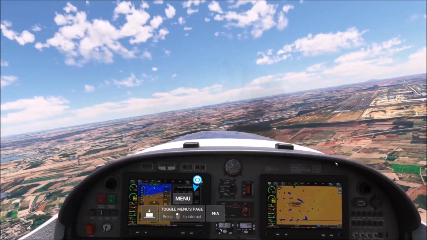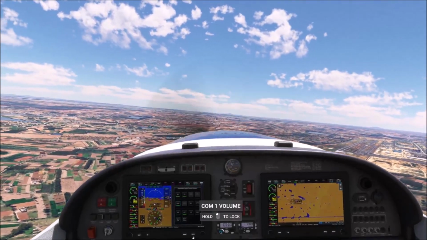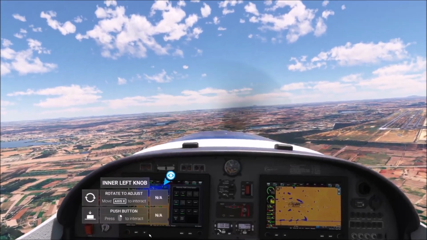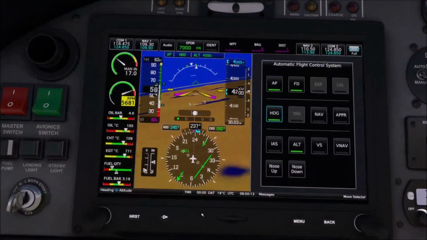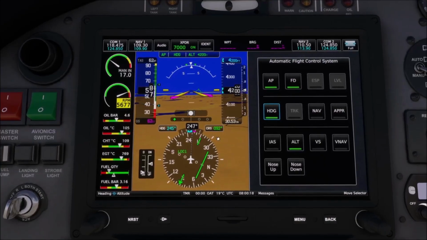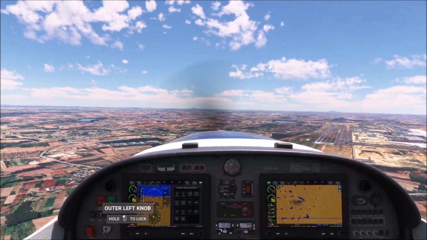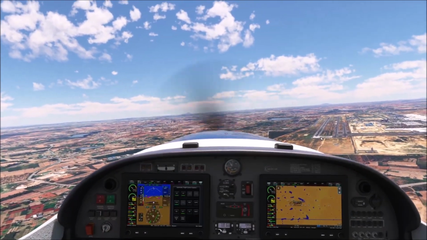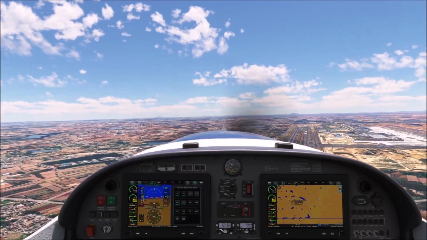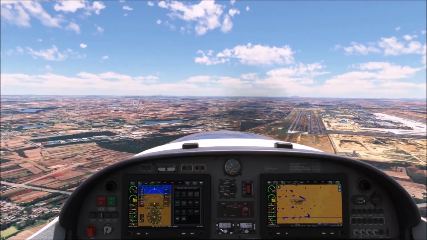Exactly, you see. This is the runway that we will try to land. The runway is actually 27 left, this one here, but we will land from the other side this time. Here the ILS frequency was quite precise.